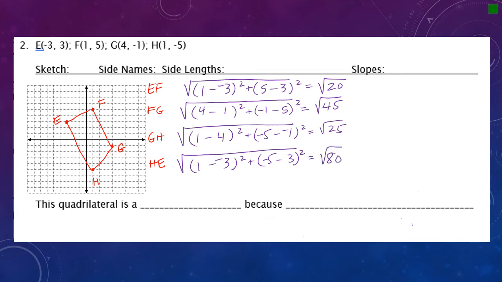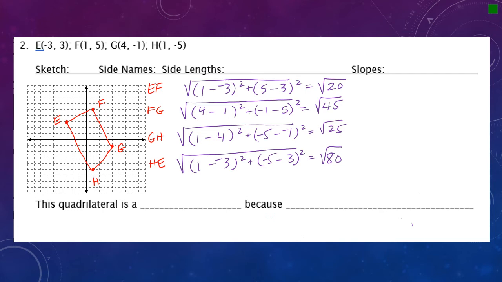So you'll notice that I have no sides that are the same. So it can't be a rectangle, because a rectangle would have 2 pairs of equal sides. Same goes for parallelogram, so it can't be either of those. I know that it's not a square and a rhombus, because those would have 4 equal sides. The only 2 left are trapezoid and kite.